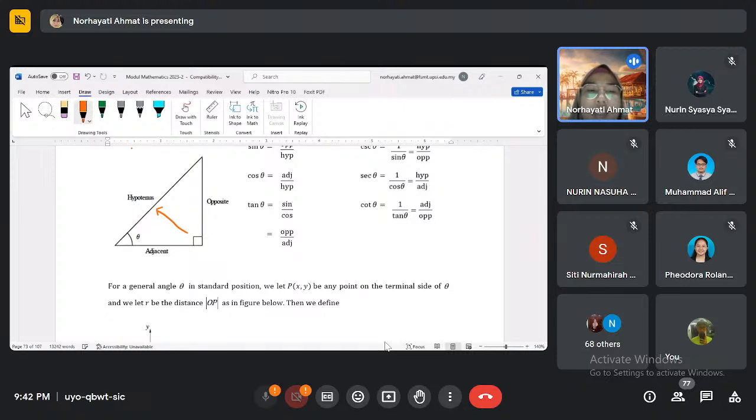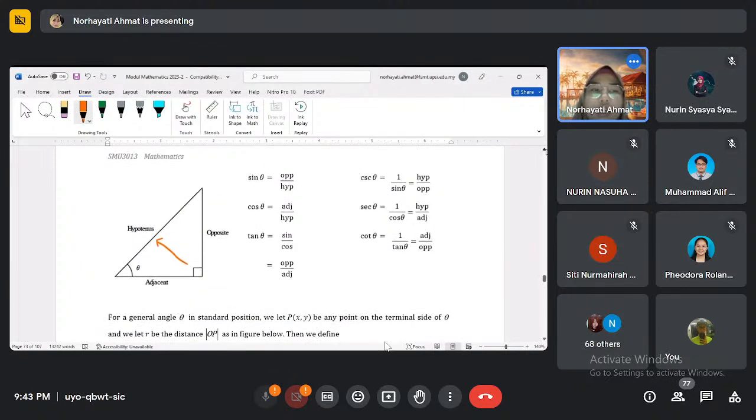And this side we call as opposite to hypotenuse. So we have 6 functions in trigonometry, which is sine, cosine, tangent, cosecant, secant, and cotangent.